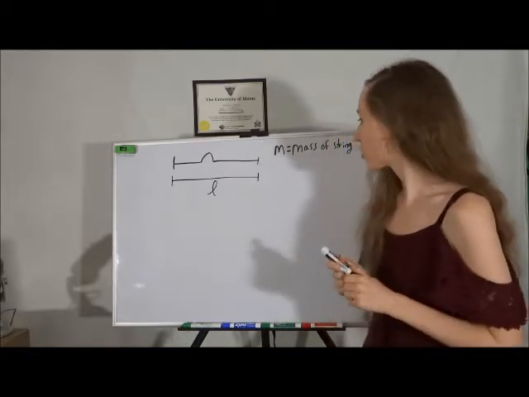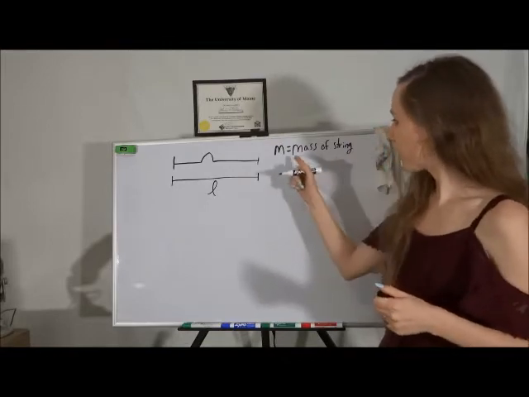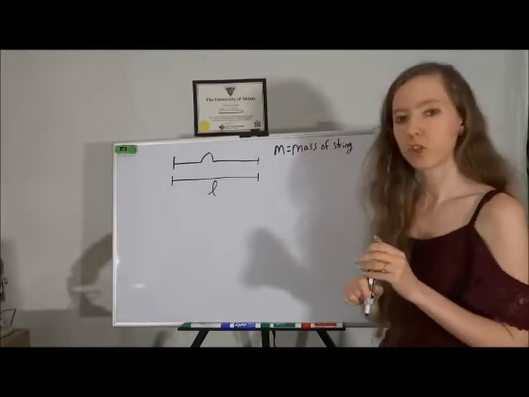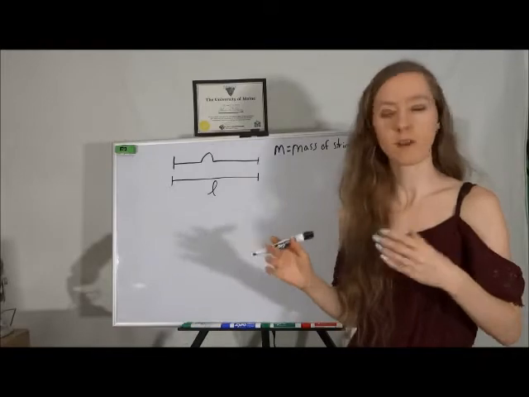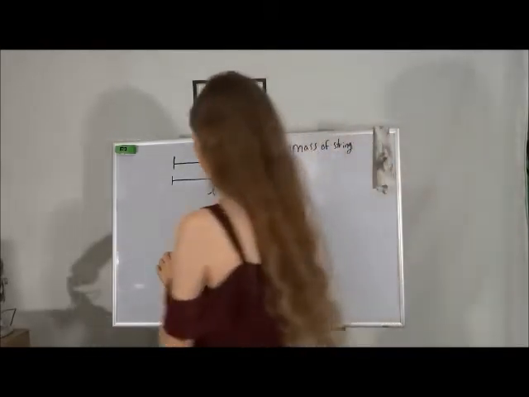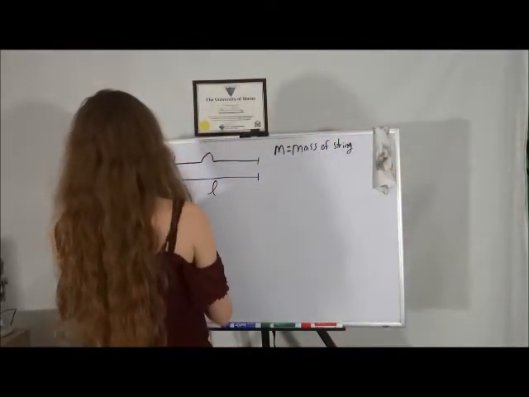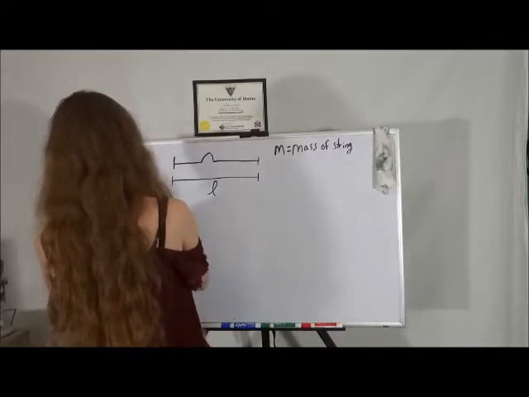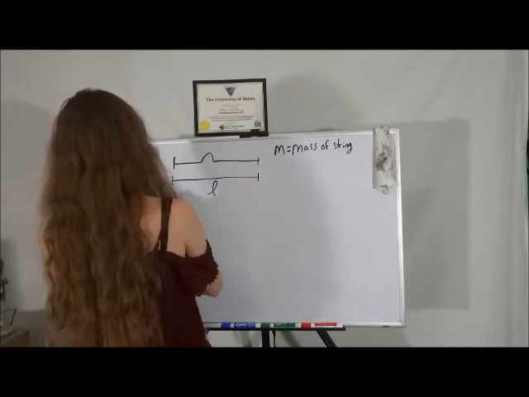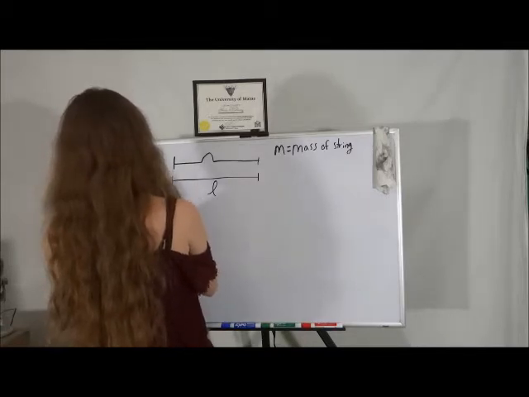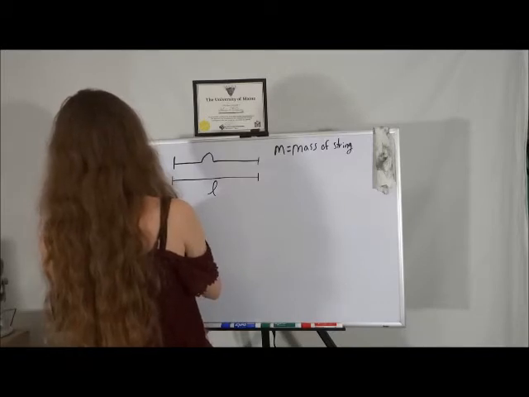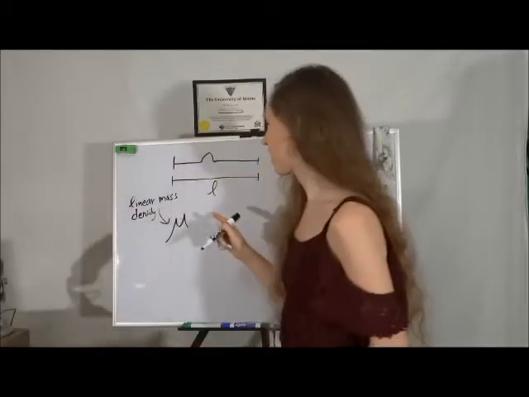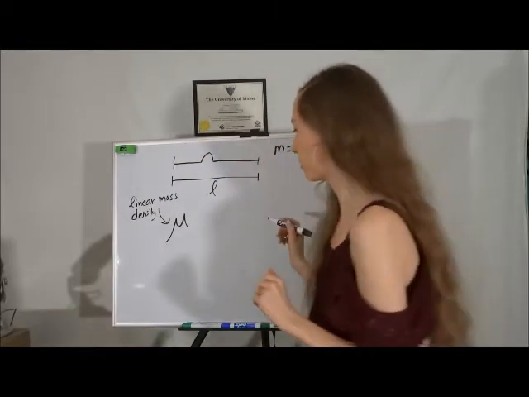All right, so if we know the mass of the string and the length of the string, we can calculate what's called the linear mass density, and we use the Greek letter mu to denote it. So this is just linear mass density, or sometimes mass density. The linear there is because we're treating the string as though it's one-dimensional.